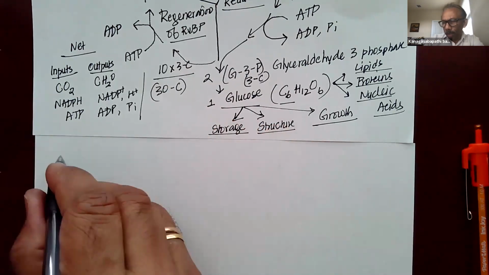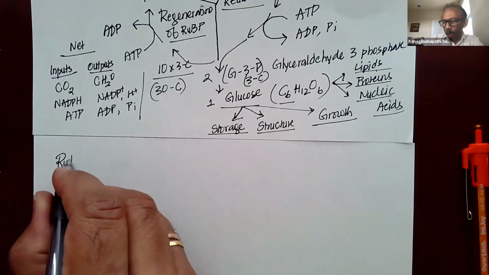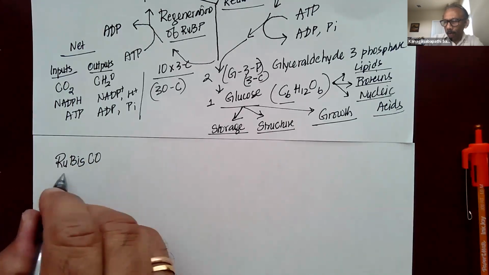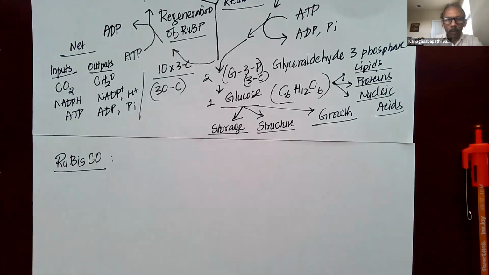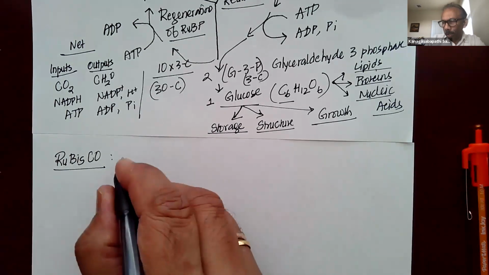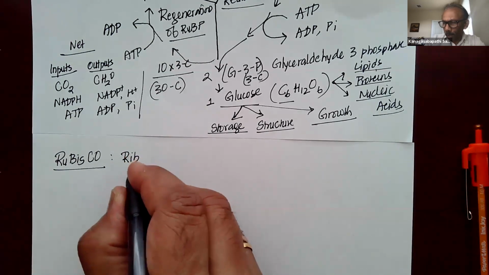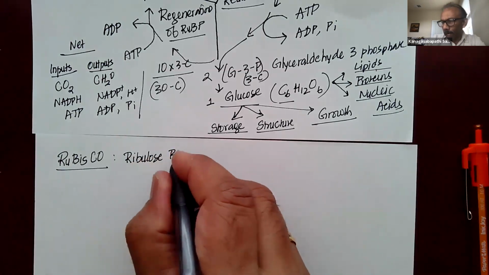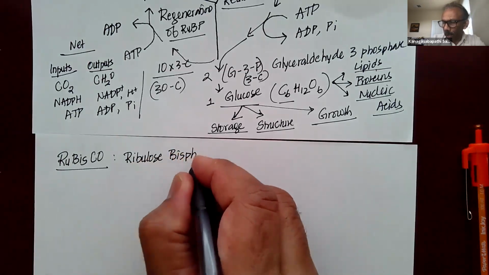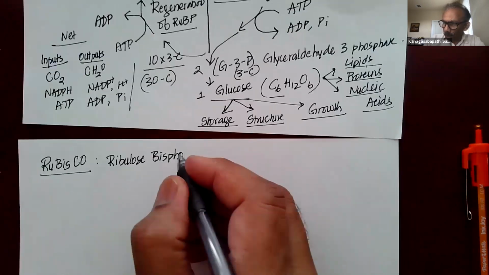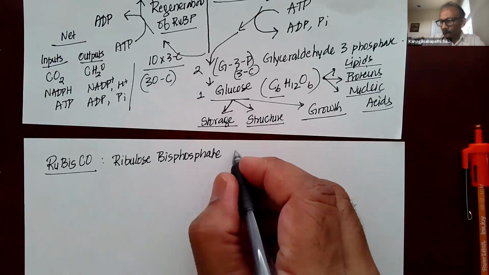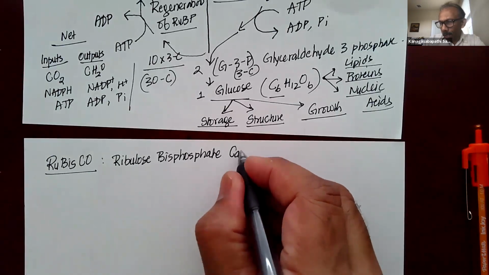So we need to understand how important this enzyme Rubisco is and how it is regulated. Okay, so Rubisco stands for ribulose bisphosphate, that's the 5-carbon sugar with 2 phosphates attached, and this enzyme adds carbon to that.